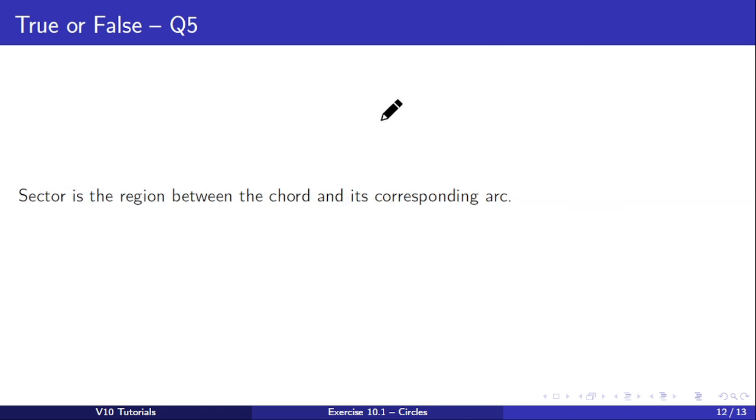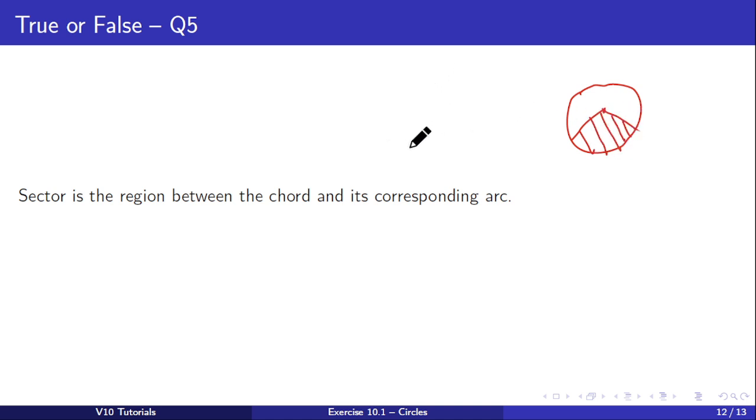Okay. Next is question number 5. Sector is a region between a chord and its corresponding arcs. Now, what do you mean by sector? Sector is actually the region between two radii and the arc, this one.